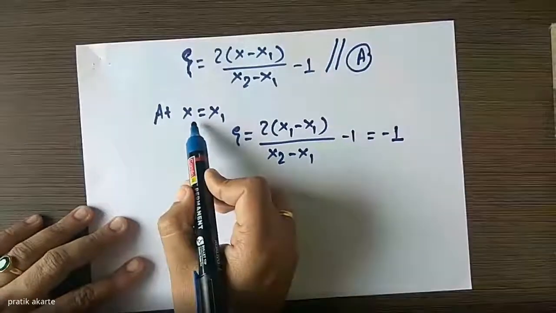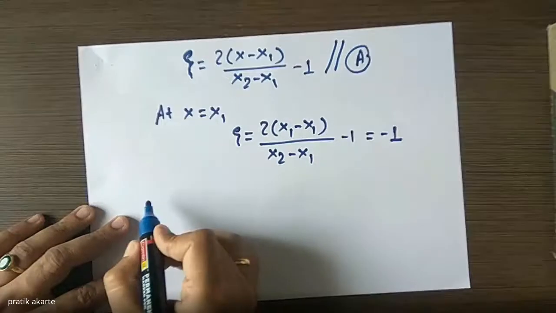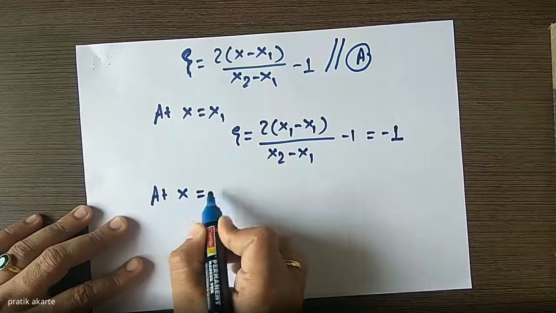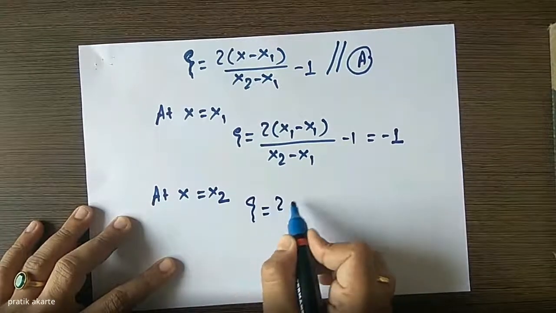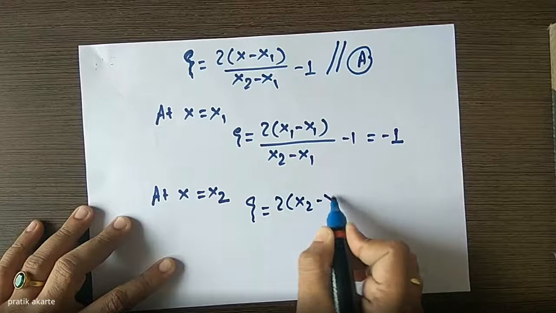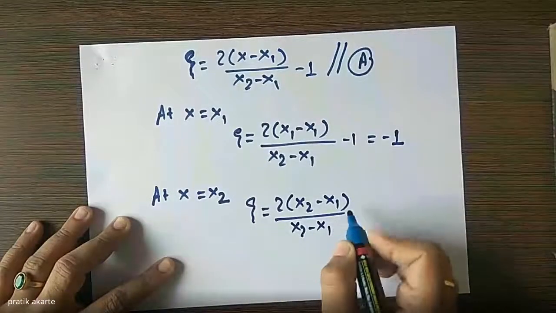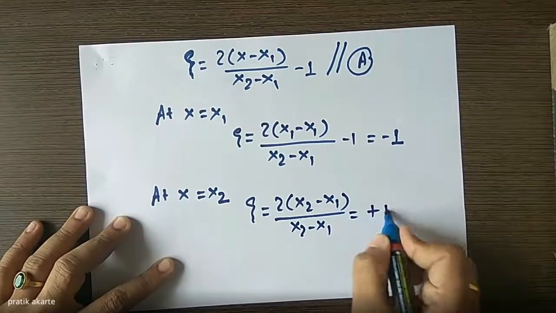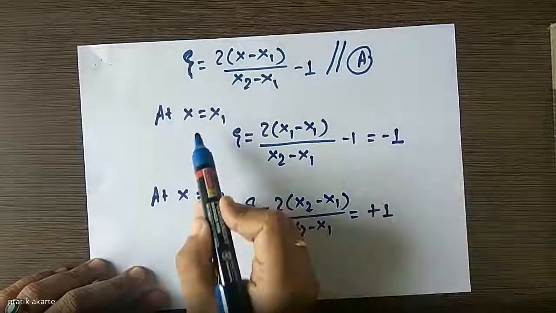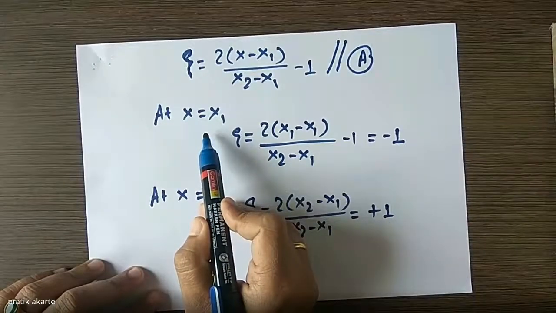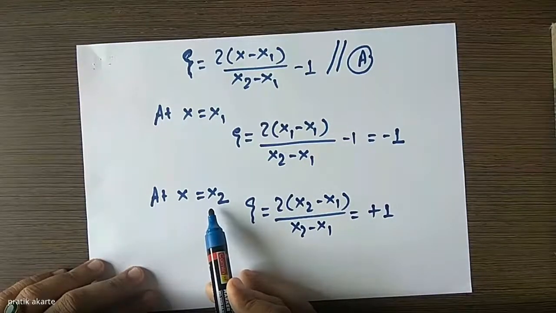So at x equal to x1, zeta is equal to minus 1, and at x equal to x2 we can write 2 times (x2 minus x1) upon (x2 minus x1), minus 1, which is equal to plus 1. So zeta is equal to minus 1 at x equal to x1, and zeta is equal to plus 1 at x equal to x2.